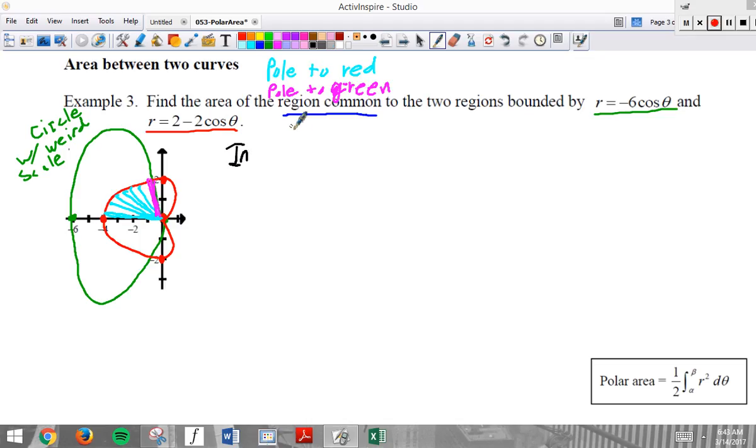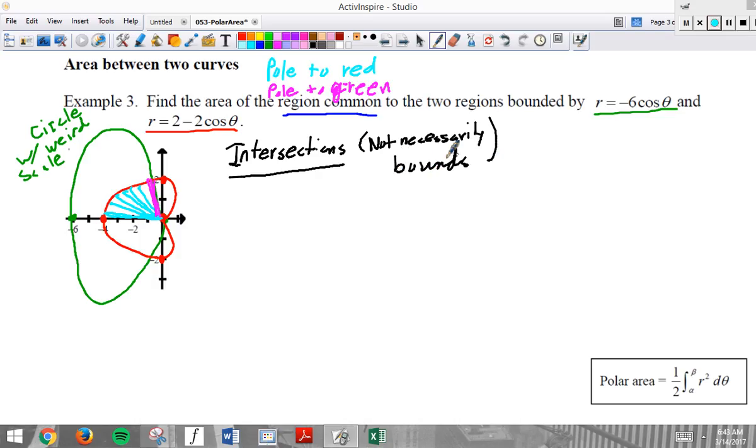is to find the intersections. It's not necessarily going to be bounds anymore. Okay. 2 minus 2 cos theta equals negative 6 cos theta.